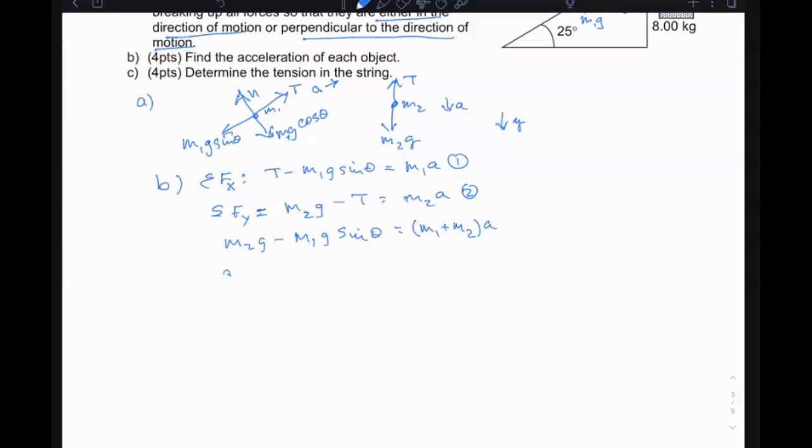And then I can solve for a. a is equal to m2 minus m1 sine theta times g, factored out the g, divided by m1 plus m2.